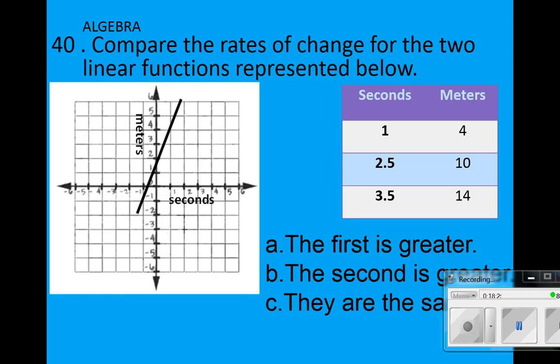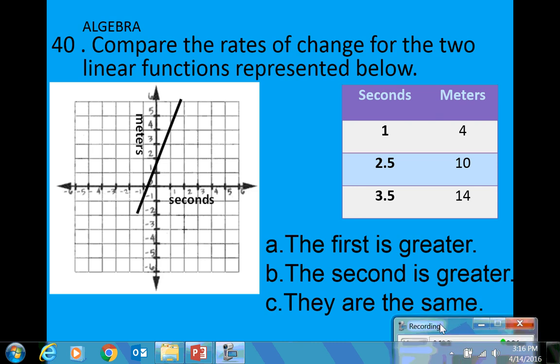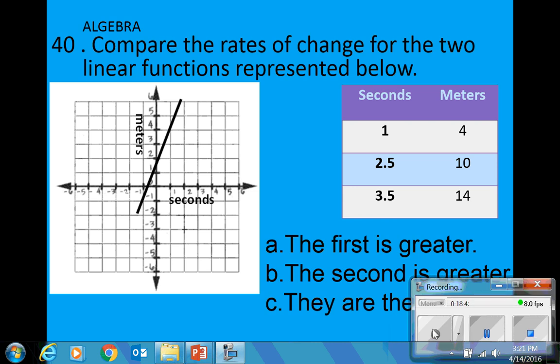Question 40. Compare the rates of change for the two linear functions represented below. So this is where we have to remember the different words for rate of change. For the first graph, you need to find the slope.